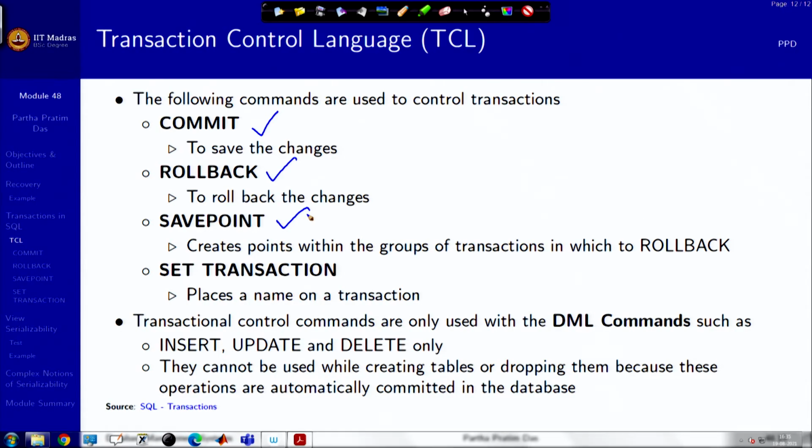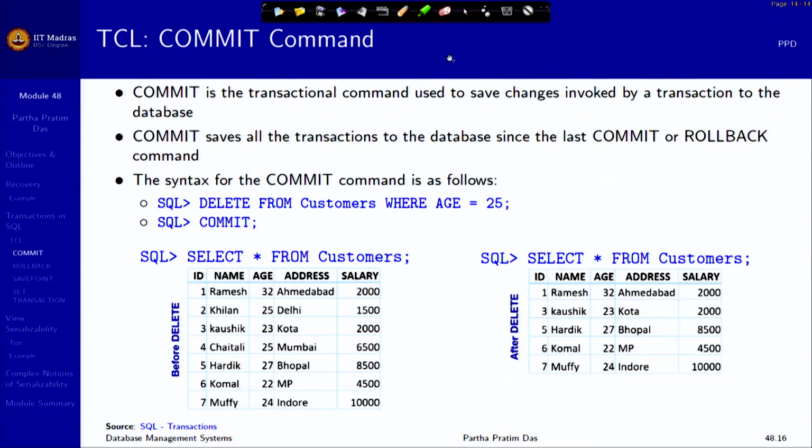And set transaction can put a name on a transaction. Remember that these commands are available with insert, delete, update only. Other commands like create table or drop table cannot be managed by the TCL commands. Their commit and rollback are managed by the database itself.